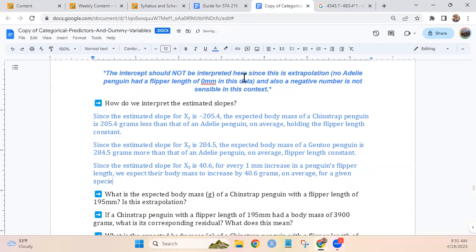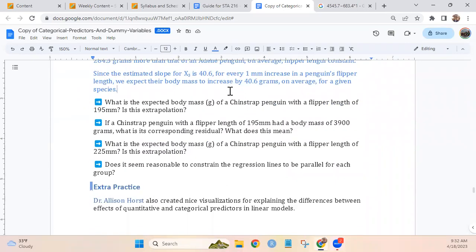For a given species, or in other words, holding species constant. Okay. Any questions about how we interpreted those values?